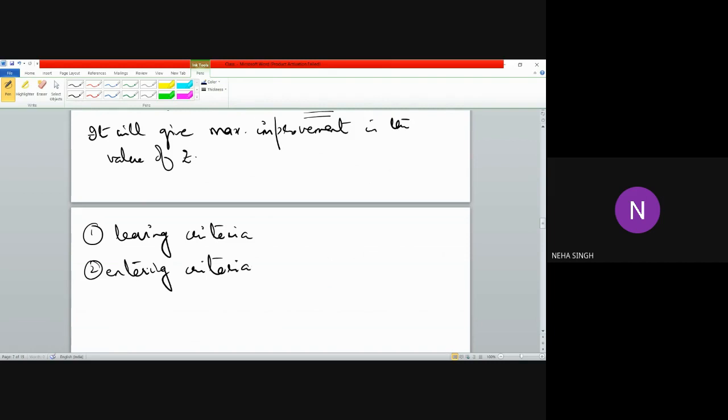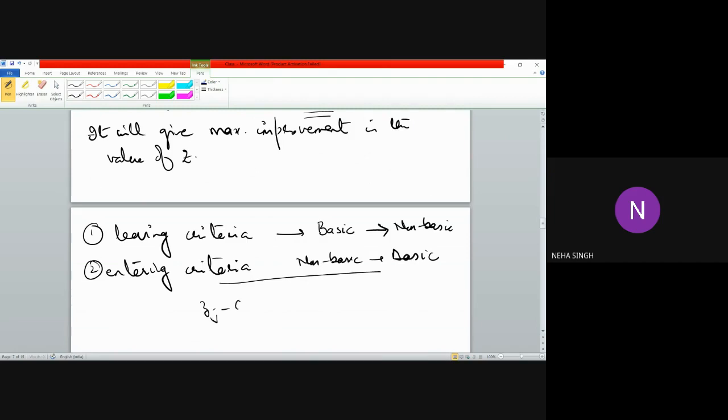Leaving means a basic becomes a non-basic, and entering means a non-basic becomes a basic, right? Which one will enter?